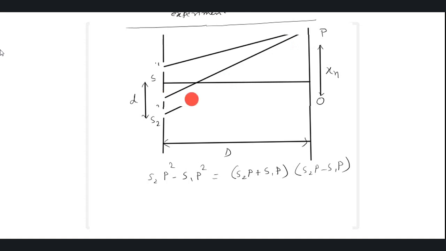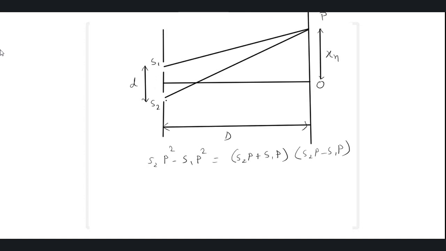that we have, it can be written in terms of xn, small d and capital D from the diagram, that S2P square is equal to xn plus d by 2 whole square plus capital D square, and S1P square is equal to xn minus d by 2 whole square plus capital D square.